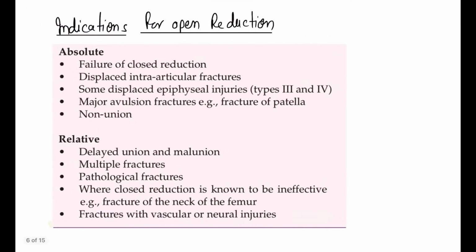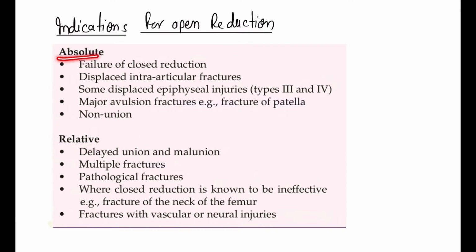Right. Then here we have indications of open reduction, that is, when we will do open reduction for definitive care. So we have absolute indications and relative indications that I have taken from Maheshwari.